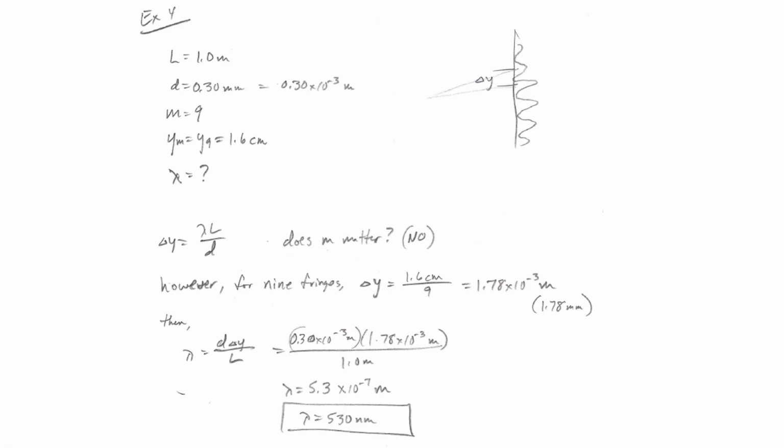Is that reasonable? 530 nanometers is greenish, probably in the green to yellow band.